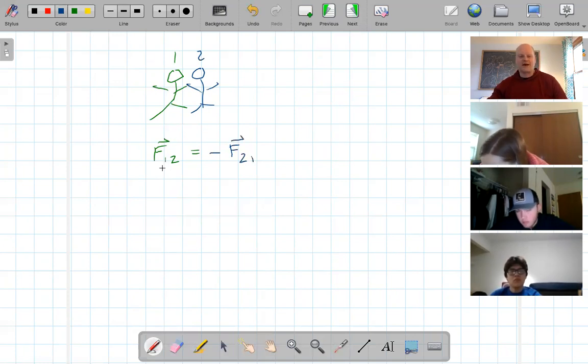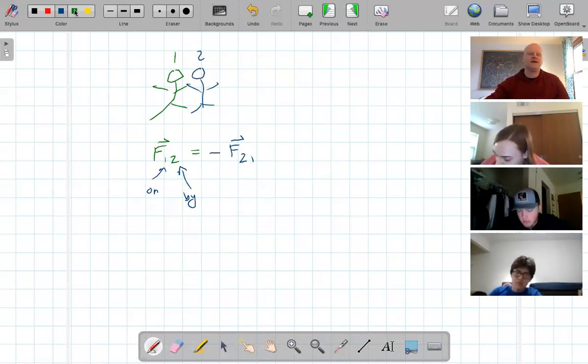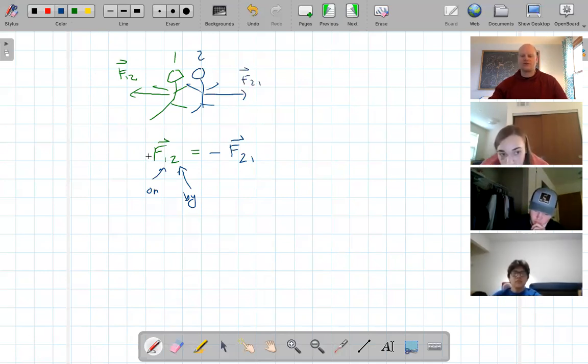So the way that this is read is that this is the force on this object by this object. If I drew this, this is the force on one by two, and that's equal and opposite to the force on two by one. All this means is that the magnitude of the force on one by two is equal to the magnitude of the force on two by one.